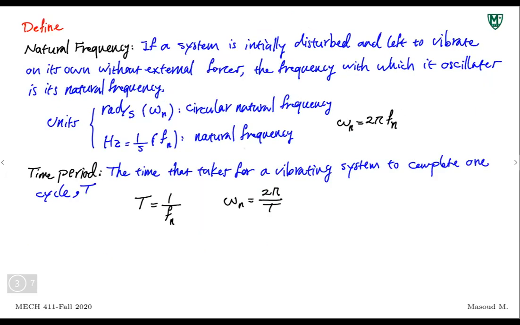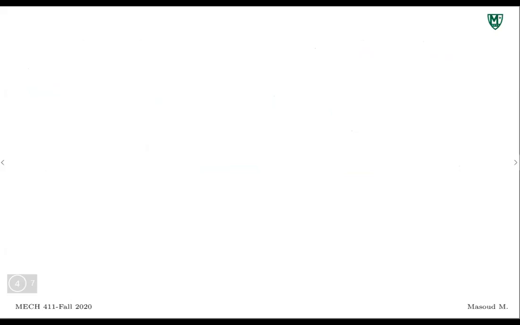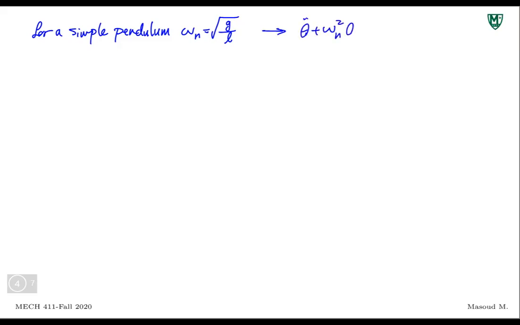Now, for a simple pendulum, omega n is square root of g over L, whatever is the coefficient of the displacement, or theta in this case. So if we use that and write the equation of motion, this becomes theta double dot plus omega n squared theta is equal to 0.